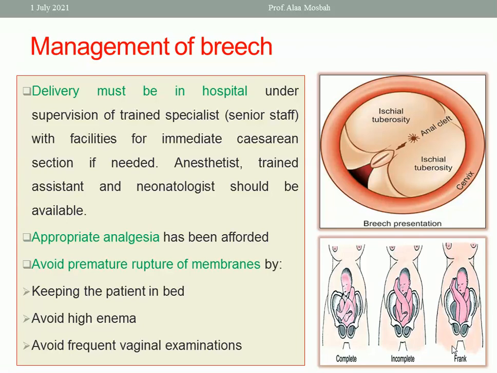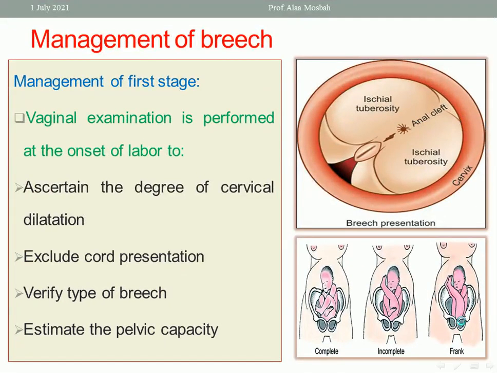An anesthetist, a trained assistant, and the neonatologist should be available all the time. Appropriate analgesia is given to the patient. Try to avoid premature rupture of membranes by avoiding high enema, rest in bed, and avoiding frequent vaginal examination.